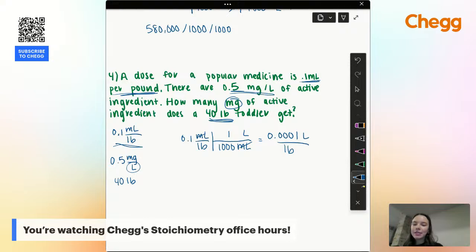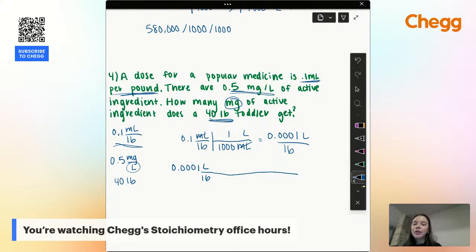How can we get to milligrams per pound? Does anyone have any ideas? Any ideas? So we're going to put 0.0001 liters per pound.